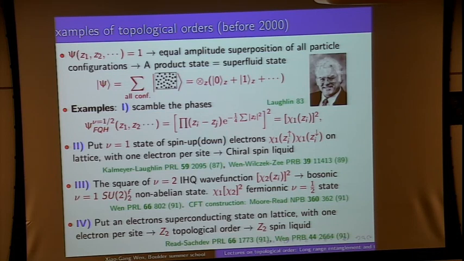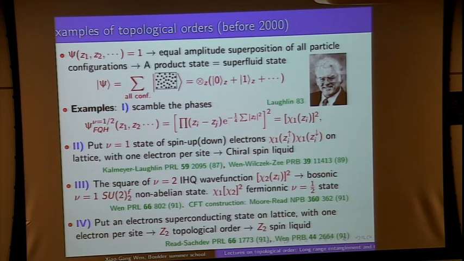I don't know exactly what to say. All these states I described are, for example, this kind of wave function for the continuum. You can put this wave function on the lattice.